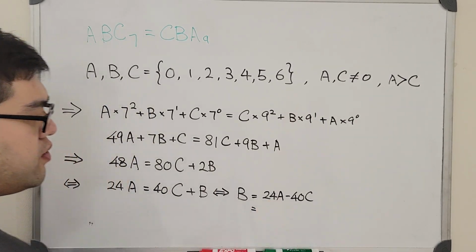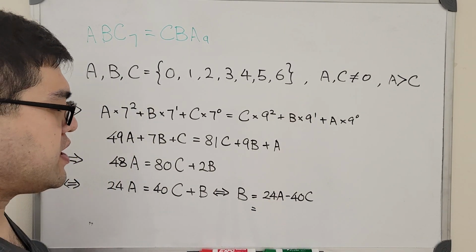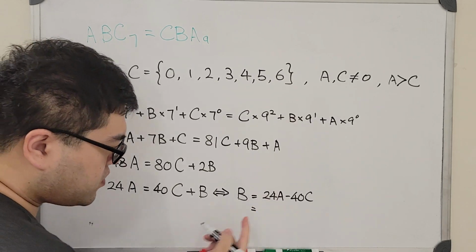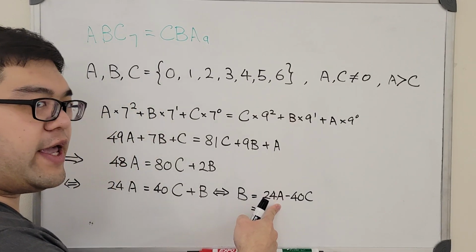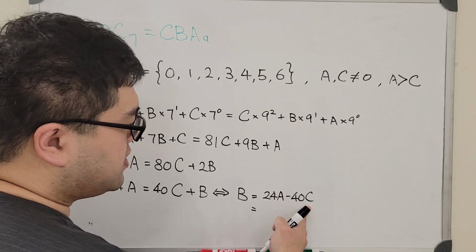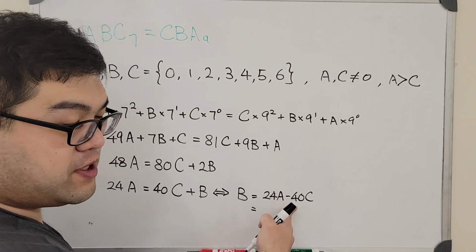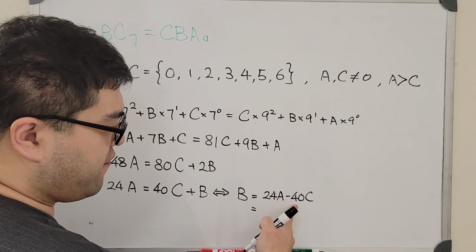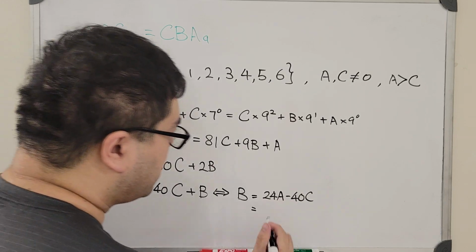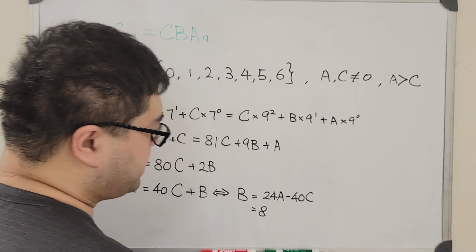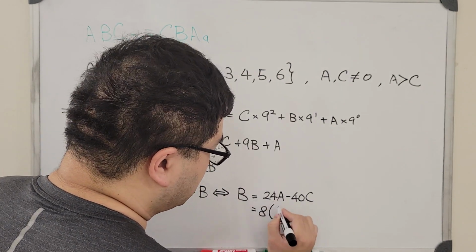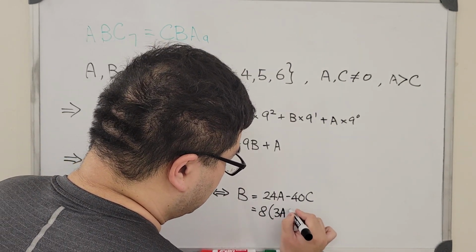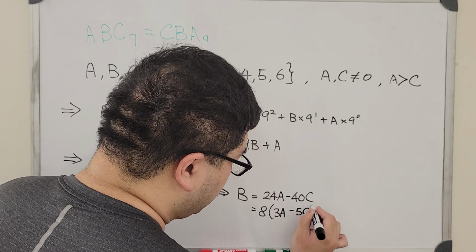What is the highest common factor? Well, we don't know what A is, we don't know what C is. But between 24 and 40, we know that the biggest factor we can factor out will be 8. And if we do that, we will end up with 3A minus 5C.